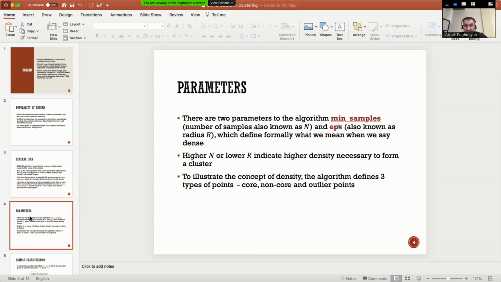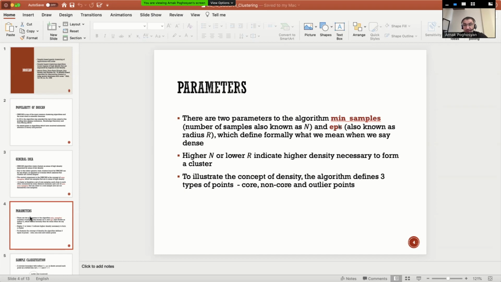So how are we actually measuring or dividing different points into core points and boundary points? We are taking a single observation and drawing a circle with epsilon radius. That is why this epsilon is very important.